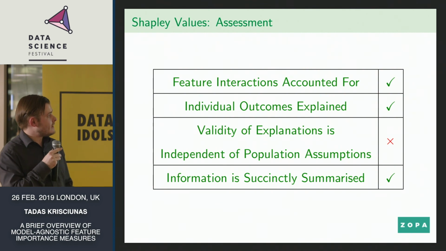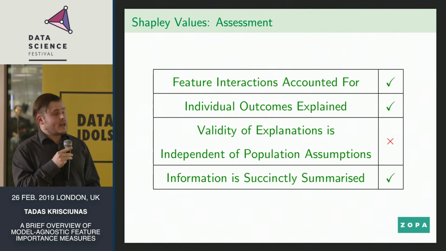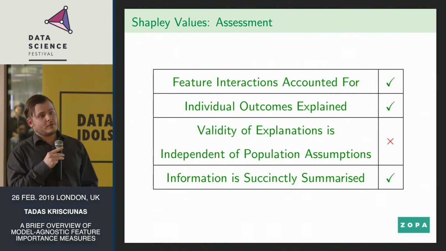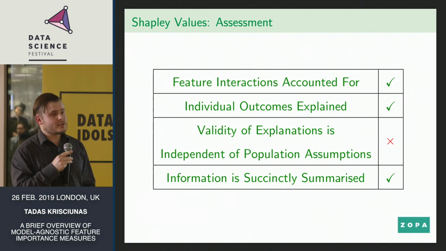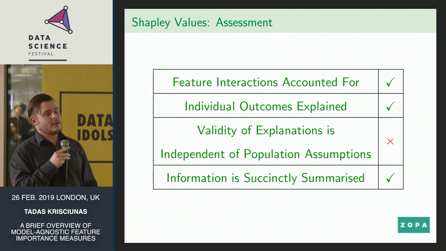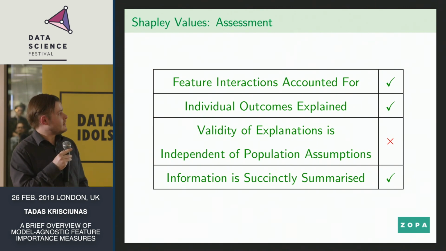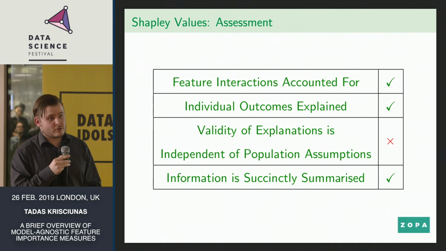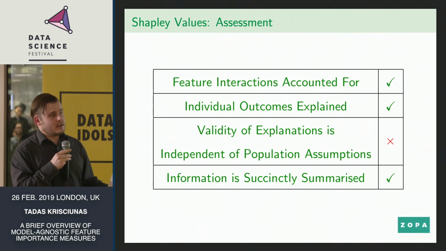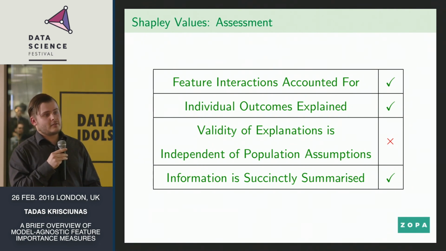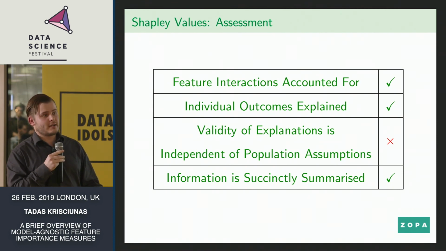So for the final assessment, we have very explicitly accounted for feature interactions, as Shapley values are nothing but the sum of feature contributions towards the model score across all possible feature subsets. We can explain individual outcomes because we are looking at each individual data point separately, and the prediction difference is a function defined and dependent on the specific data point that we are looking at.